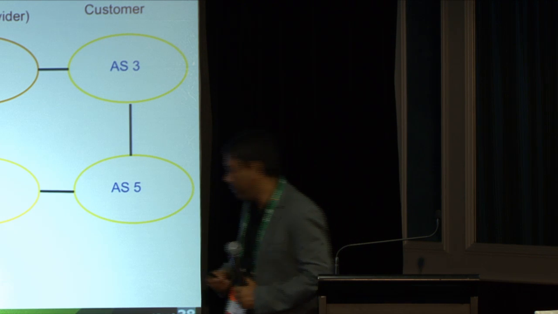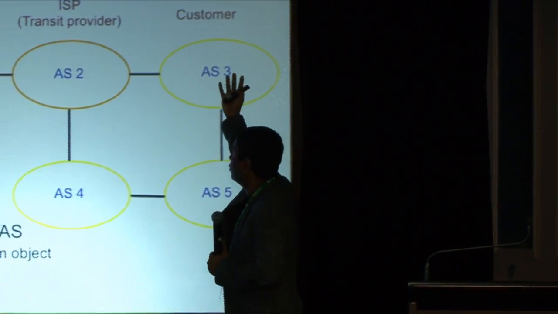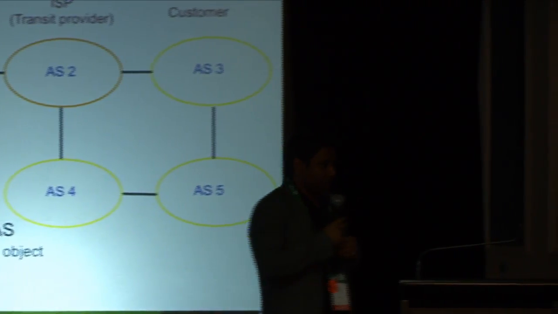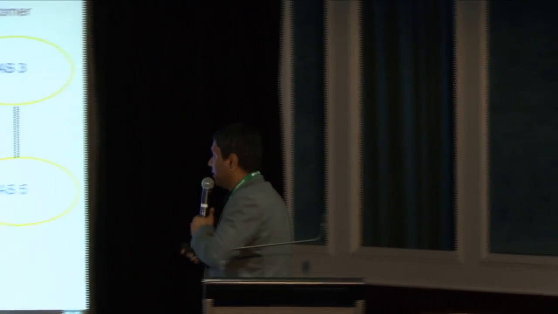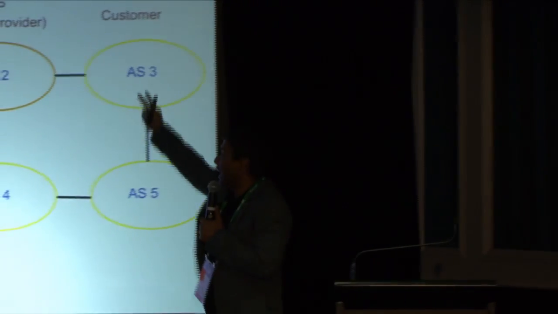No. Why? Because when AS5 originates a prefix, it goes to AS3, and AS3 sends it to him. On the AS path, it will be origin AS5, then AS3, right?